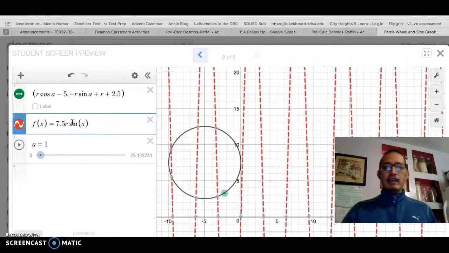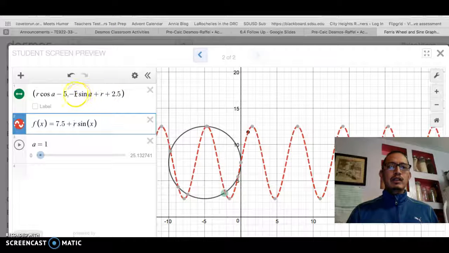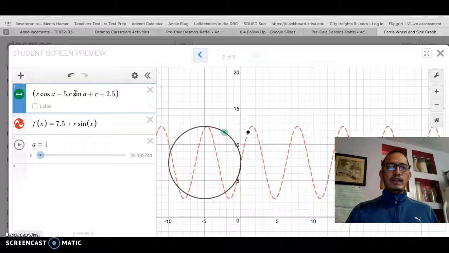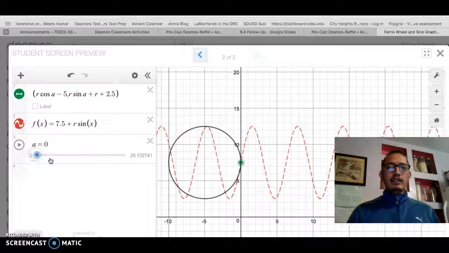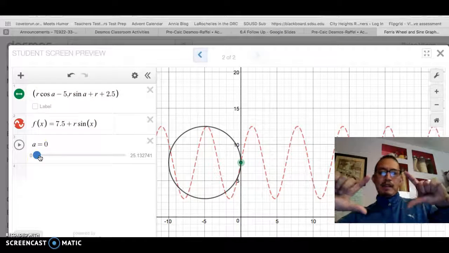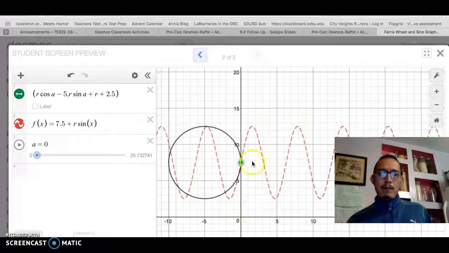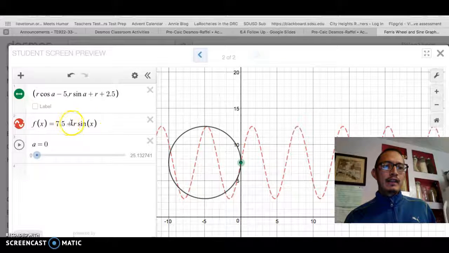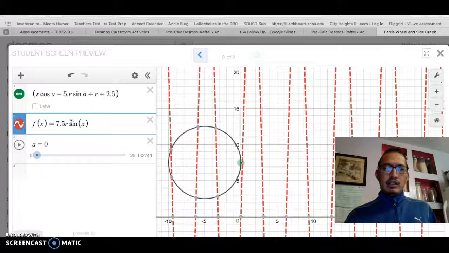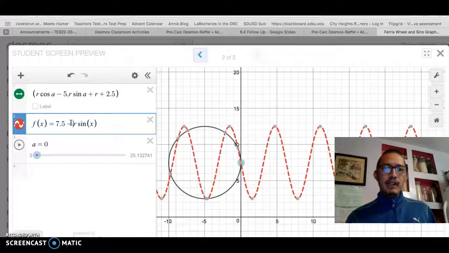Let's go counterclockwise. I'm going to change just this real quick so it follows me. So let's go counterclockwise. Do you see what happened to my sine graph? It kind of made this flip. For example, look at this right now: my max right now is here, roughly around 1.5 or so. If I change this to negative r sine of x, which by the way, r is my radius, let's see how my max became my minimum.